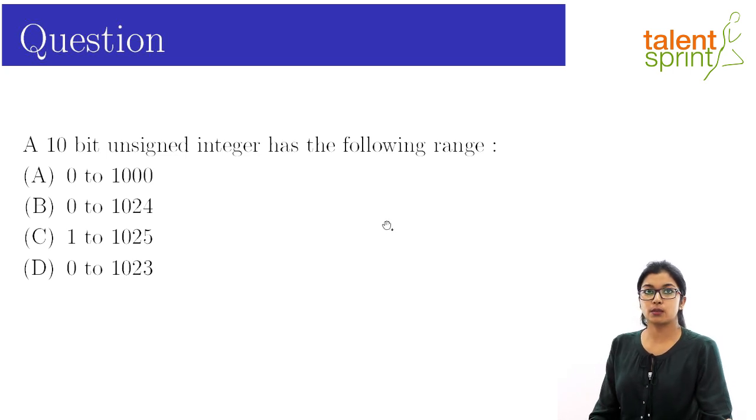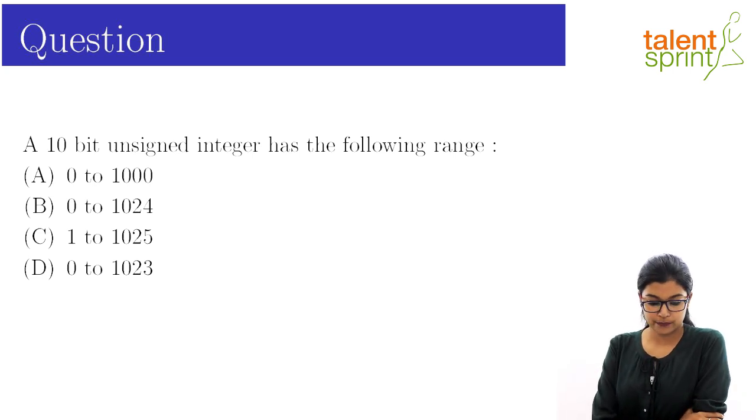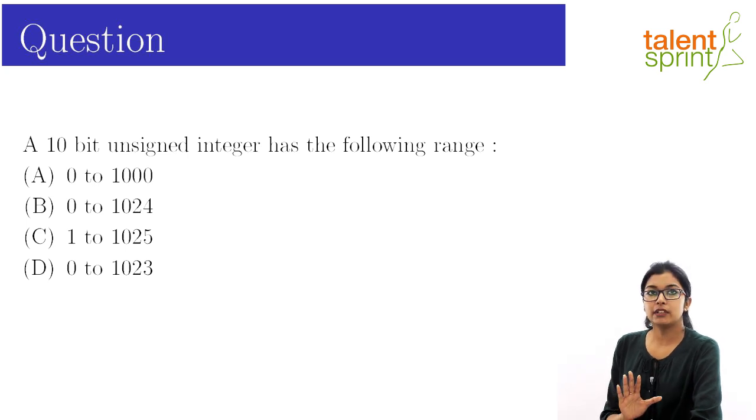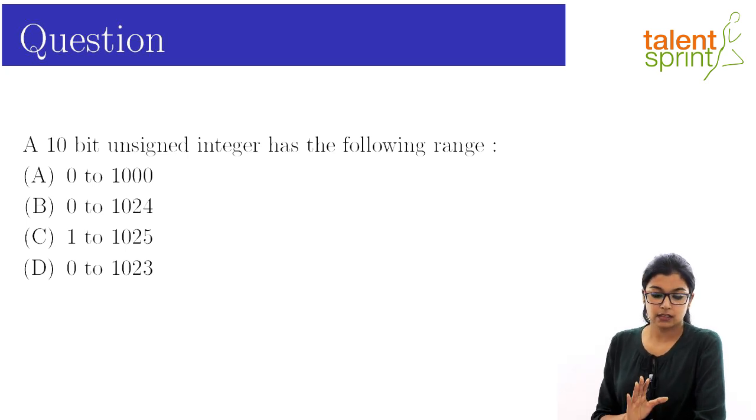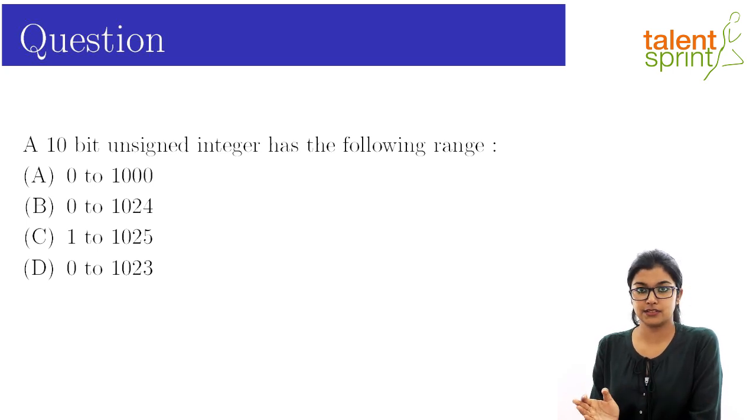Let's take a look at another question. A 10-bit unsigned integer has the following range: 0 to 1000, 0 to 1024, 1 to 1025, or 0 to 1023. Again, keep in mind when reading these questions whether they are talking about signed or unsigned integers.